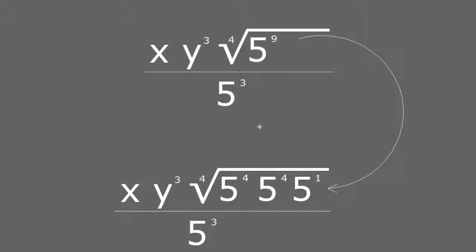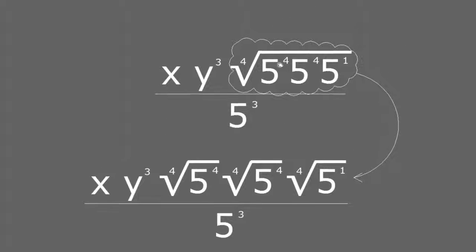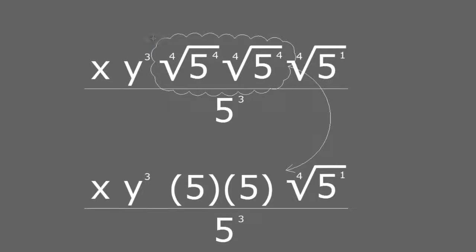But what's convenient now is that I have exponent 4 and a root with grade 4. And the same thing here, exponent 4 again. So what I can do is take these two 5's outside of the radical sign. And by doing that, what I'm actually doing is first separating them into their own individual radical signs, their own individual roots, and simplifying them so that each one of them simplifies into 5, and this one also simplifies into another 5.